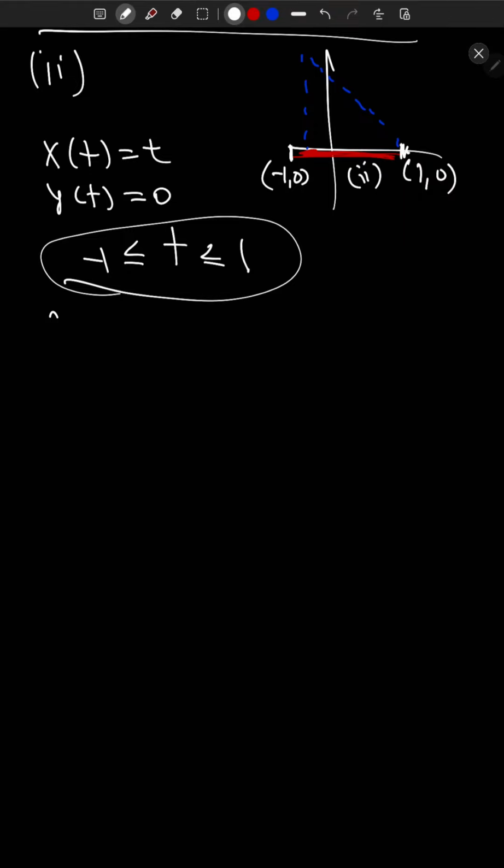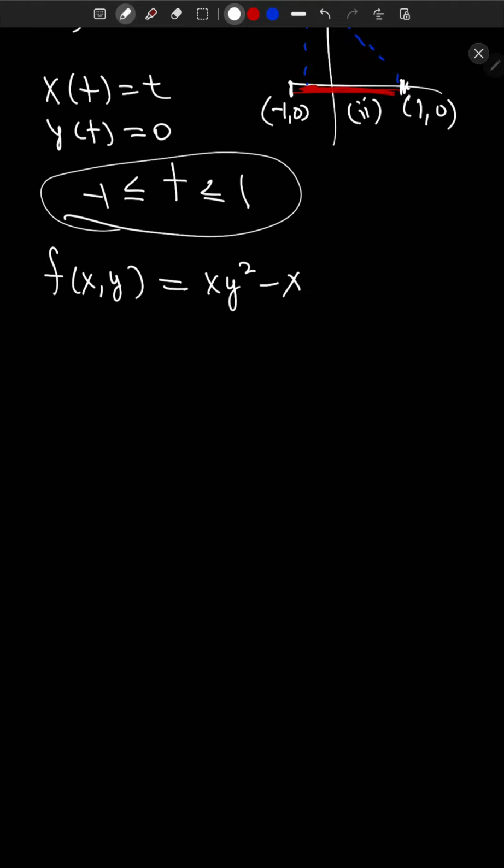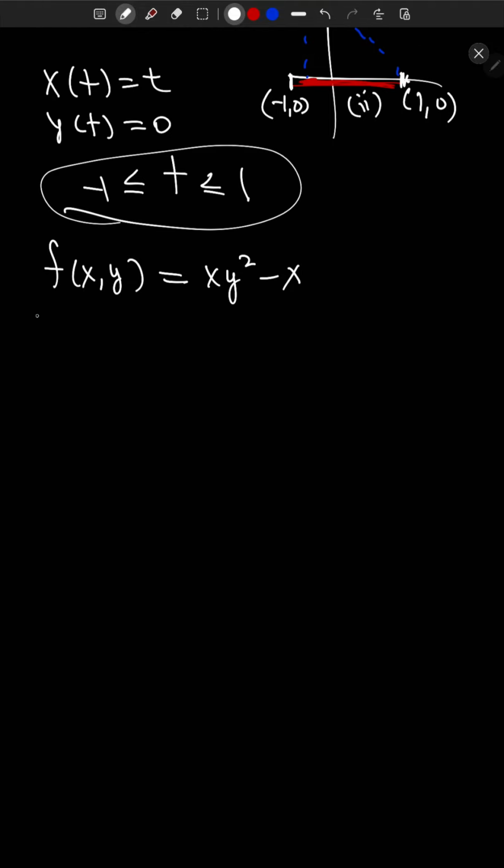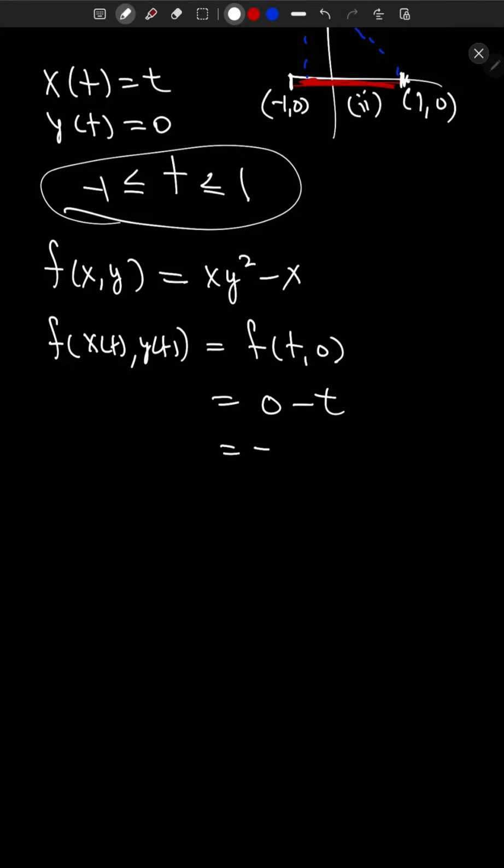So the rest of my problem is, again, I want to rewrite my function in terms of t. And my original function was xy² - x. So now, just on this segment, I'm looking at f(x(t), y(t)), which is f(t, 0), which is 0 - t, which is just -t.